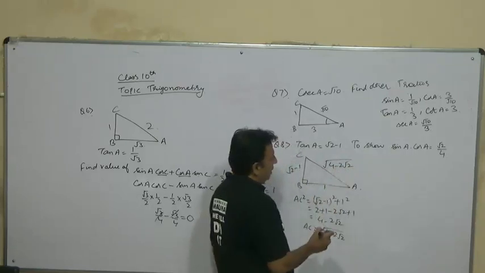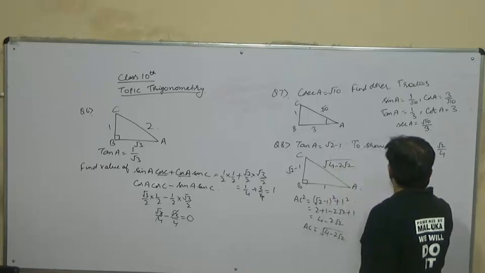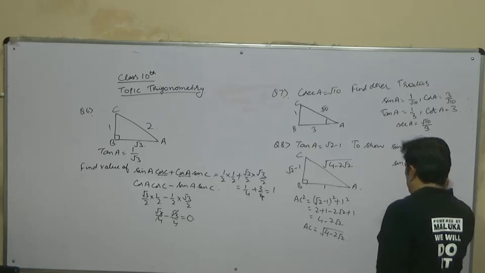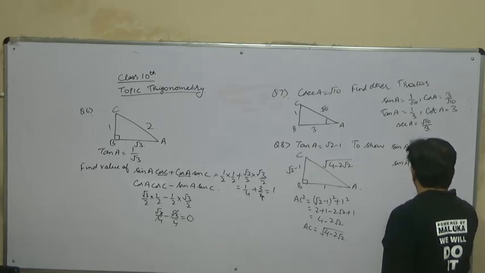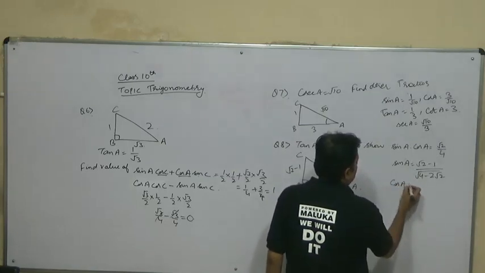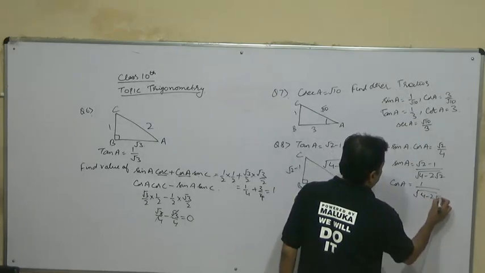Now what is sin A? Sin A is (√2 − 1) upon √(4 − 2√2). Then cos A is 1 upon √(4 − 2√2).